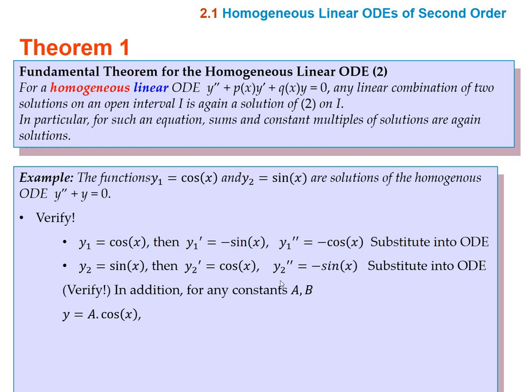Not only this, if we take another constant, I'm going to call it b, multiplied by the second solution, again, this will be a solution. And this is the first part of this theorem: if you take any constant and multiply by a solution, that will be again a solution.